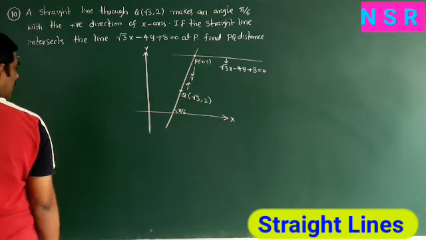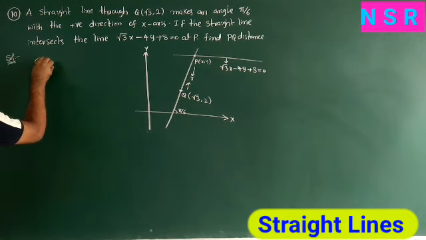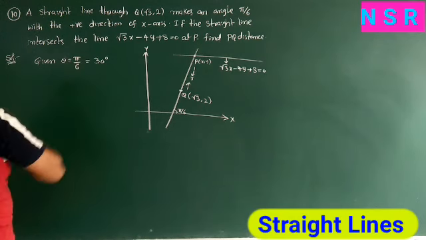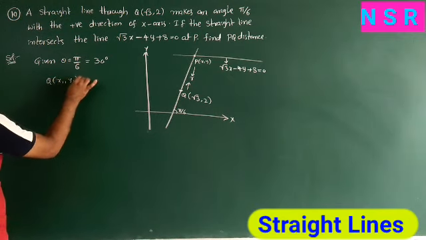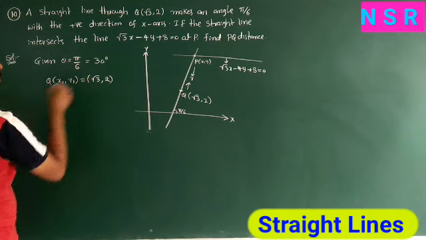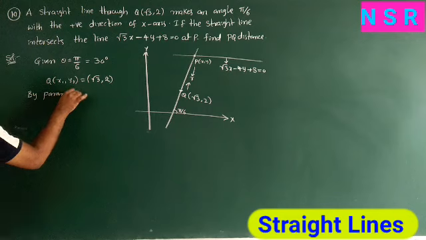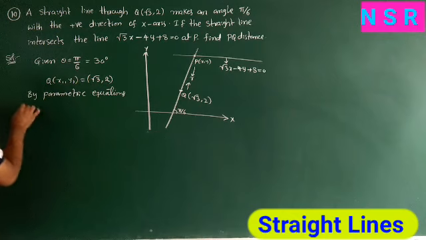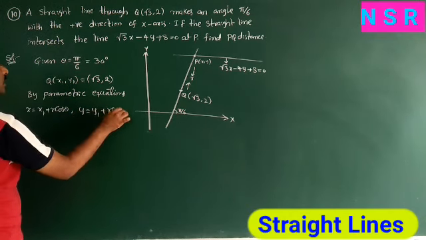So here also apply the parametric equation, since the angle is directly given. Theta equals pi by 6, which means 30 degrees. Next, Q is (x1, y1) = (root 3, 2). By parametric equations, x = x1 + r cos theta and y = y1 + r sin theta.